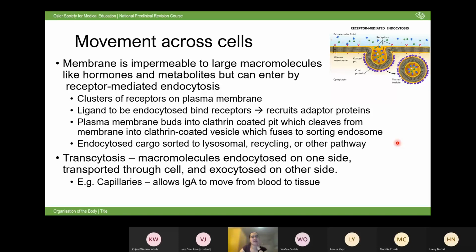And then the membrane will fuse to itself to produce a vesicle, as you can see in the diagram. And this vesicle can then go into any pathway.